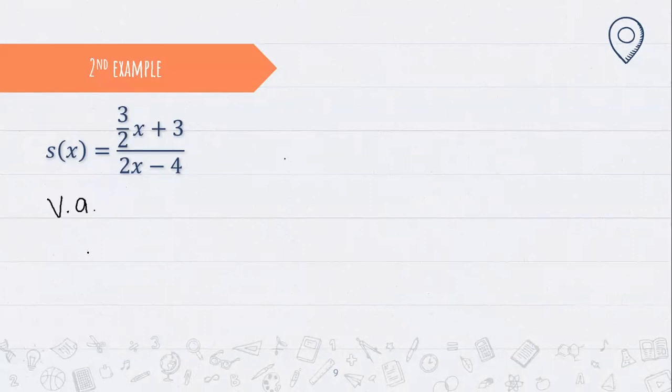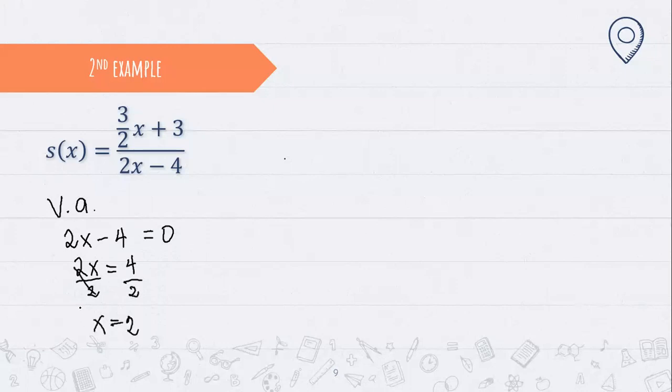Paano nga kunin si vertical asymptote, class? Denominator, sir. Okay. Equate the denominator to 0. So 2x minus 4 is equal to 0. 2x is equal to 4. Divide both sides by 2. X is equal to positive 2. Ayan. So yan lang yung vertical asymptote.